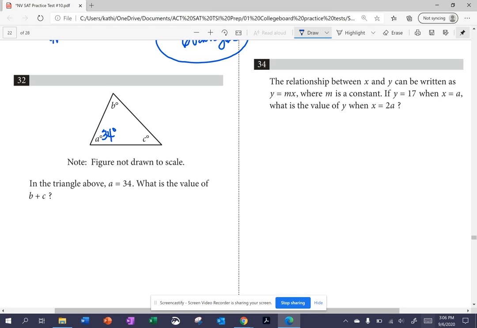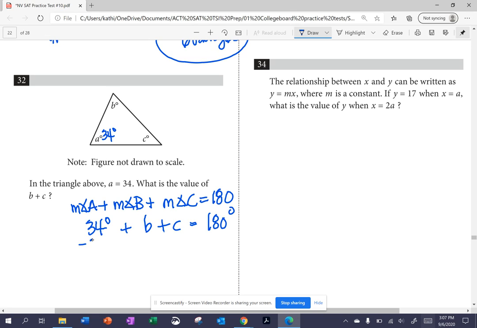And I know in a triangle, this is one of the equations given on the front, that the Triangle Sum Theorem says when I add all 3 angles, so the measure of angle A plus the measure of angle B plus the measure of angle C totals 180 degrees in a triangle. We said A is 34 degrees. What is B plus C?